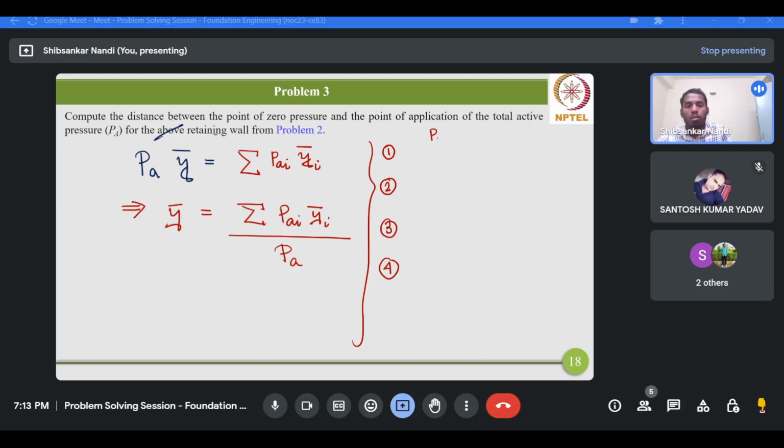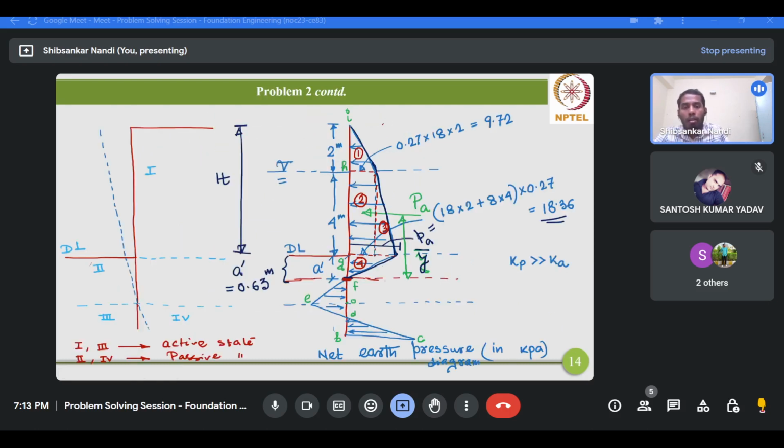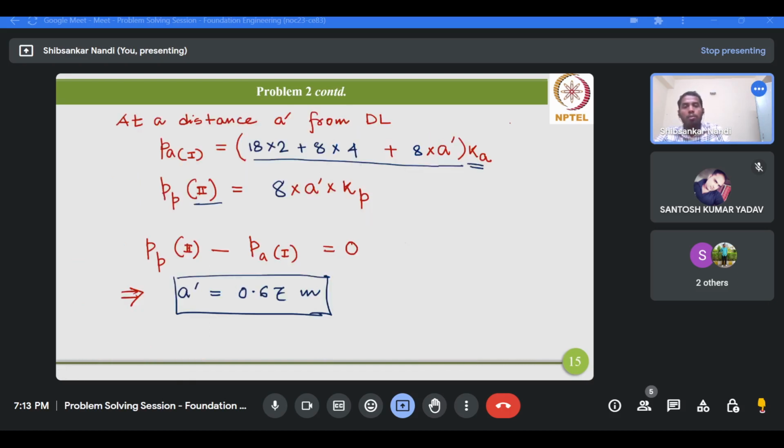This is your PAi in kilonewton per meter, and this is your Yi bar in meter. Please keep in mind that this Yi bar is calculated from the point of zero pressure. Now for triangle 1, it will be half multiplied by this height and this base. This base value is nothing but 9.72.